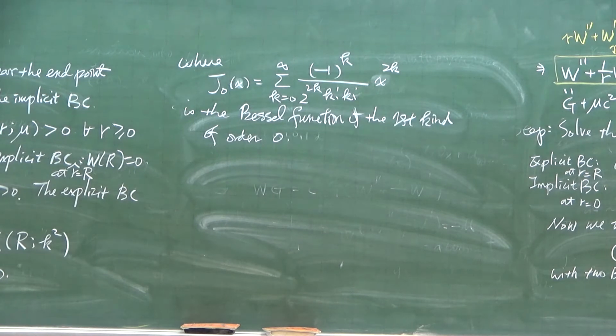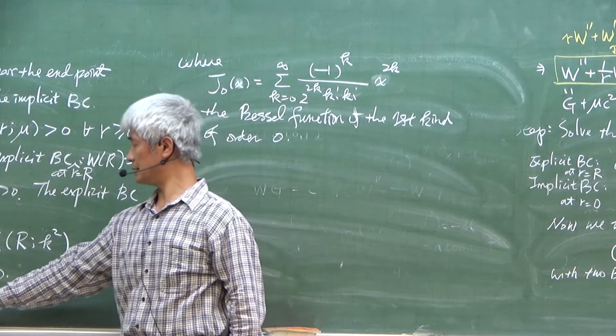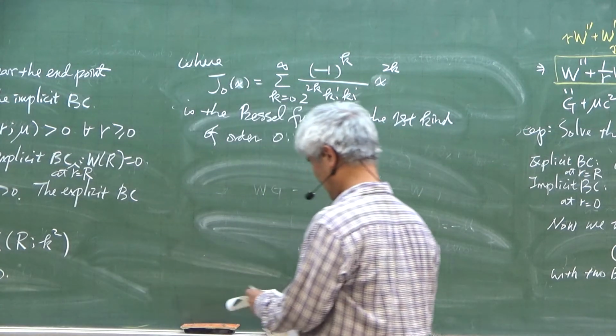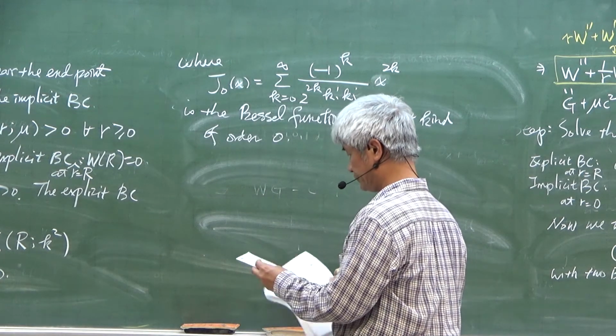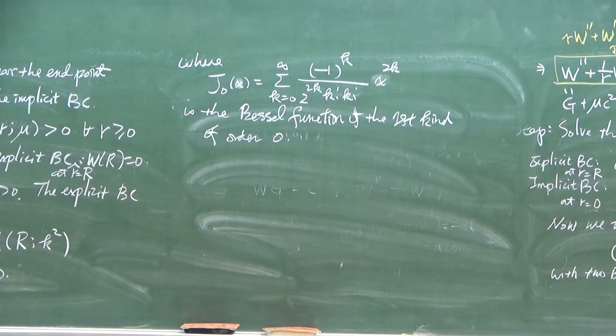You compare this one: when mu is k squared, you can move k squared to here, combine here, and you leave minus 1 here. So you get that. Right? So this just implies that this should be the case.